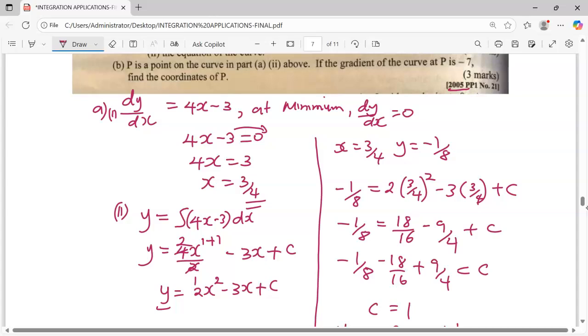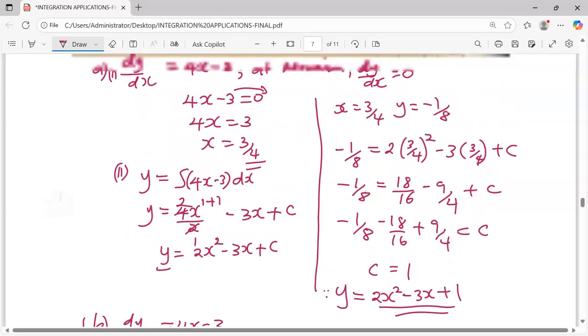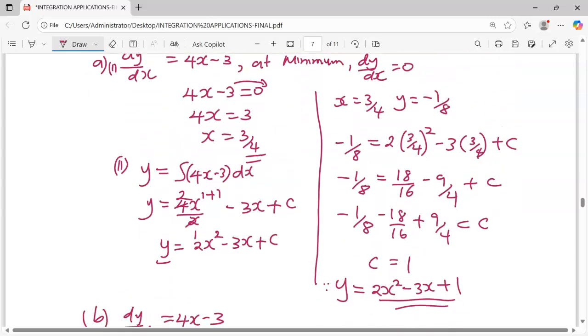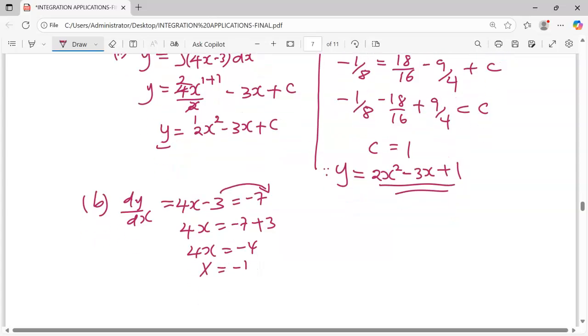If the gradient of the curve at P is negative 7, find the coordinates of P. We know dy/dx has been given as 4x minus 3, and we have been told that the gradient is negative 7, and therefore we equate 4x minus 3 to negative 7. We bring negative 3 to the other side, so 4x equals negative 7 plus 3, meaning 4x is equal to negative 4. Dividing both sides by 4, x is equal to negative 1.